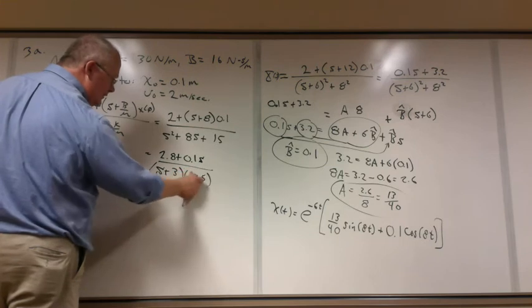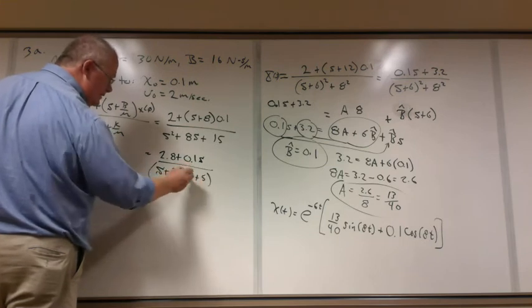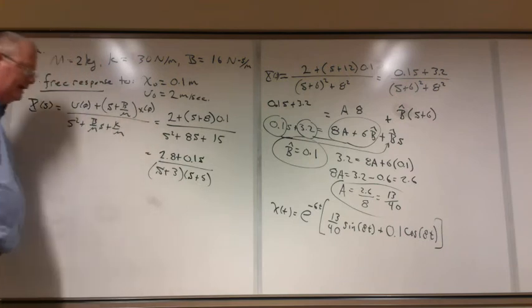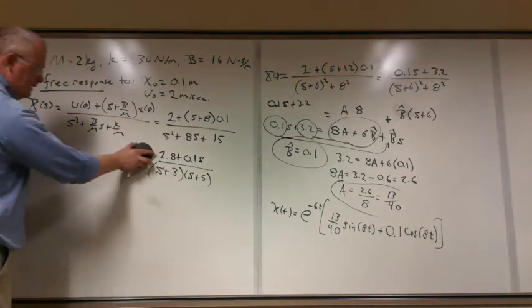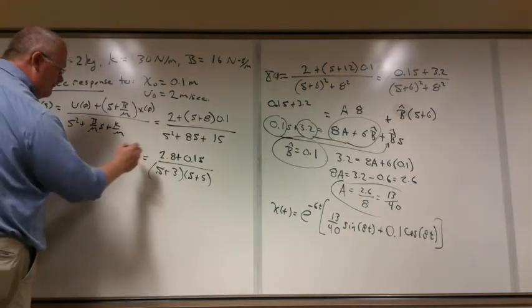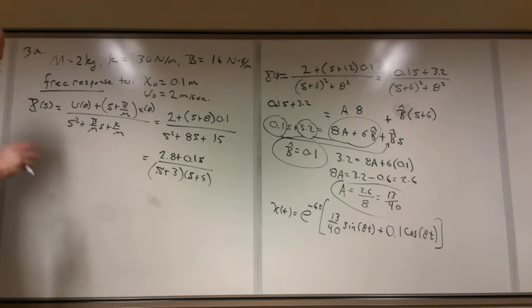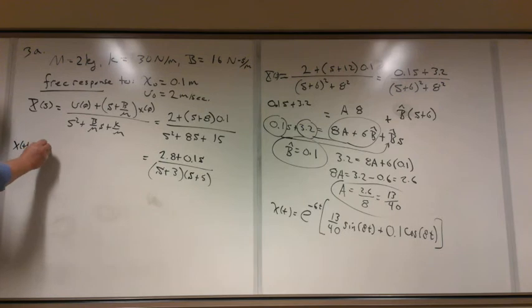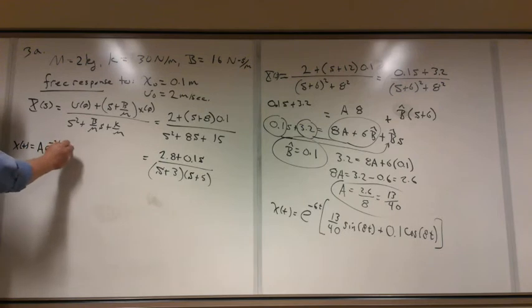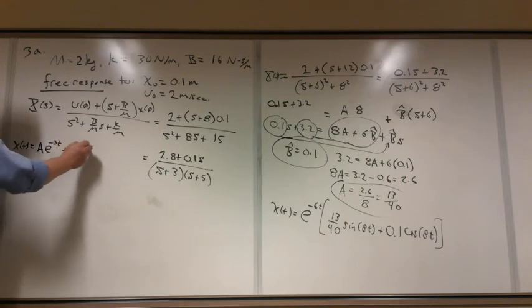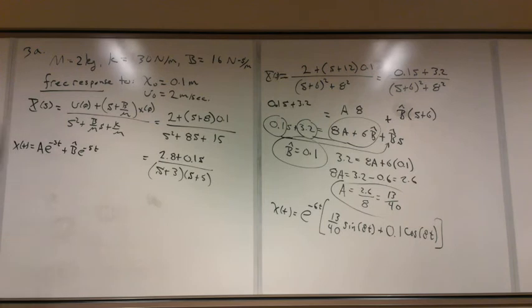And yes, when you're out in the real world, everything comes out in nice round integer numbers and things like that. Right. Okay, so what that tells us, again, is that x of t then will be equal to a e to the minus 3t plus b hat e to the minus 5t. So how do we figure that part out?